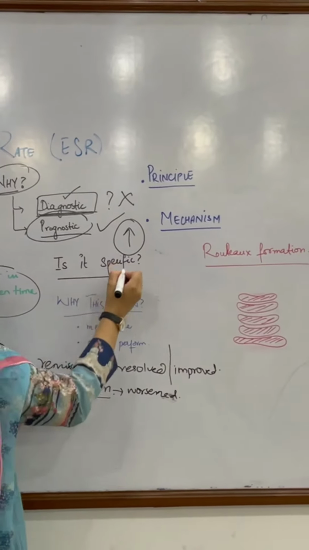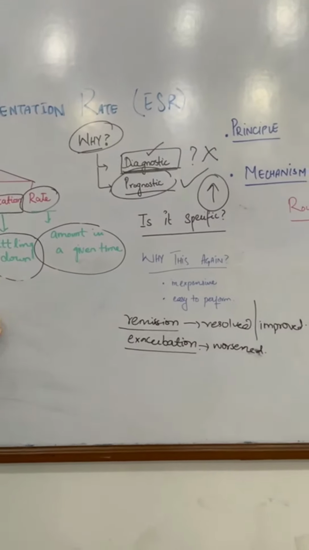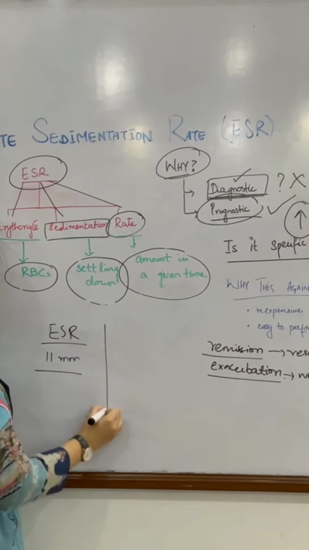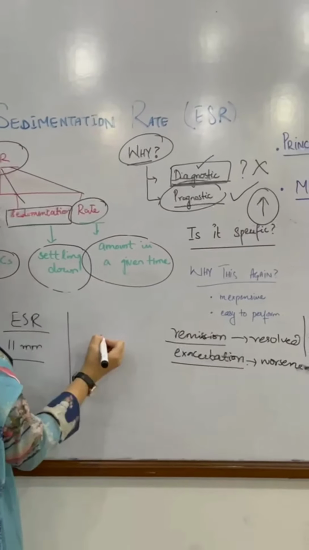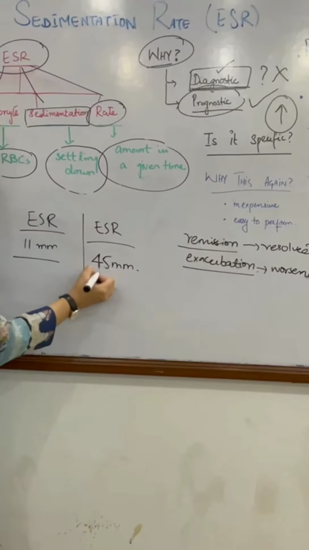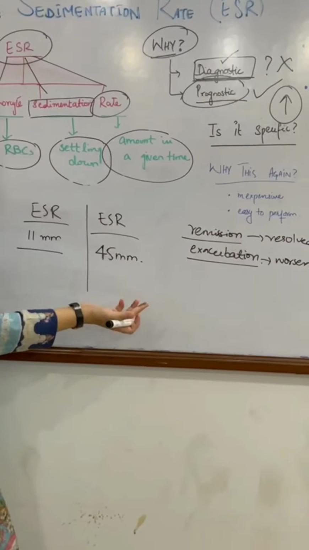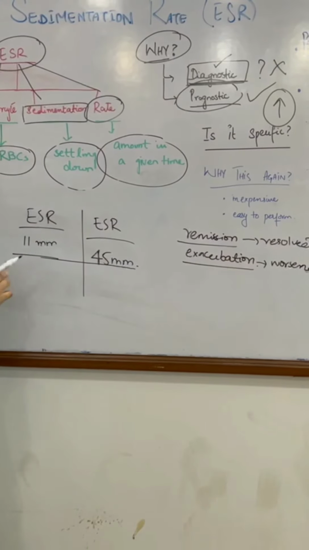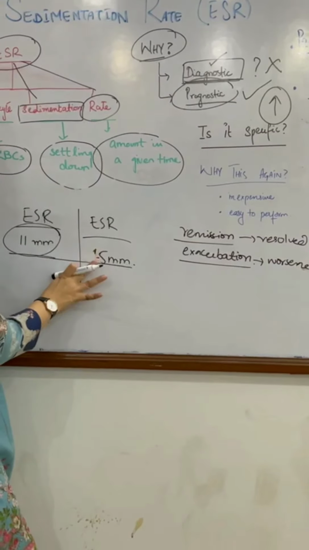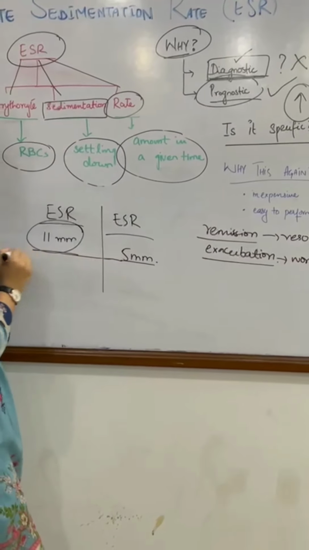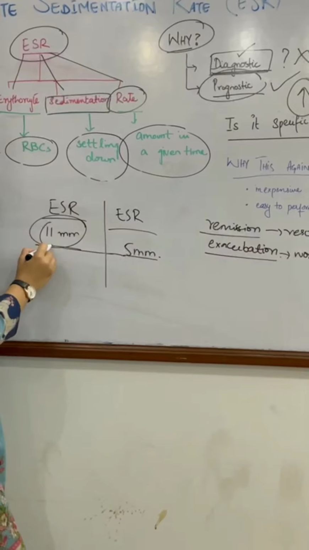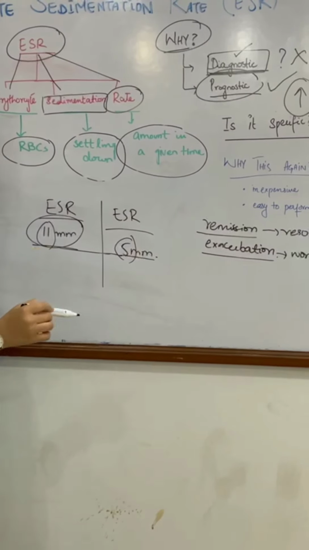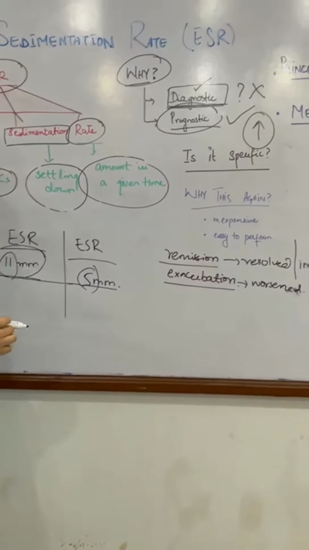For example, if the ESR the first time was 11, and when we repeat the test after 2 weeks or so it has risen to 45 mm, that means the condition of the patient has worsened. If the ESR decreases after 2 weeks, for example from 11 initially to 5 mm, then the patient's condition has definitely improved.